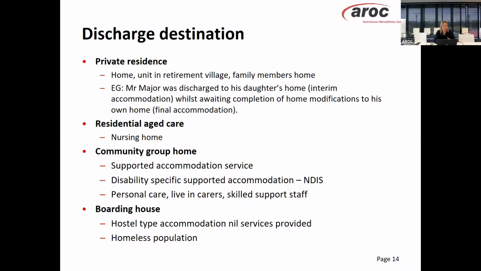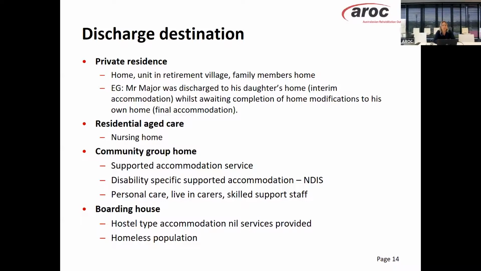All right, these are the codes for discharge destination for interim accommodation and final destination. So the first we've got here is private residence. We're looking at a patient's own home or a family member's home, or say a unit in a retirement village. In the example with Mr. Major, we've got that he's discharged to his daughter's home.